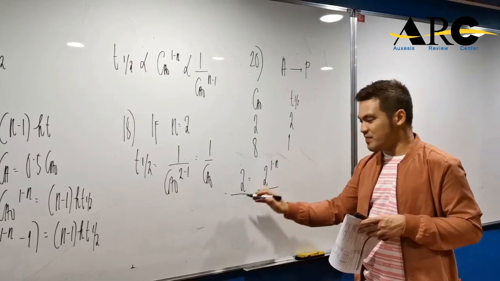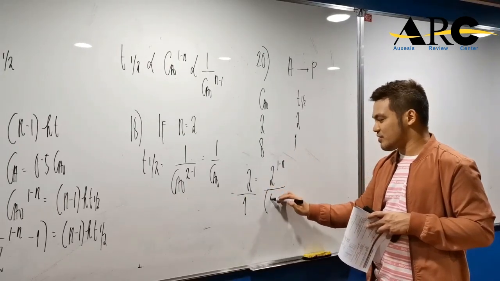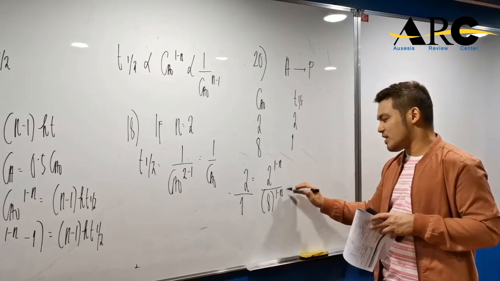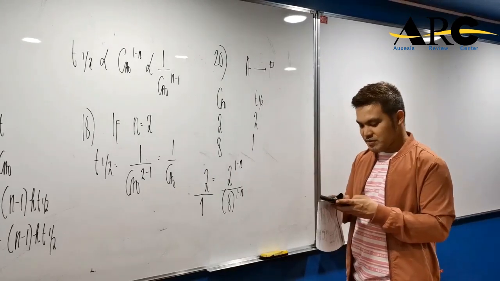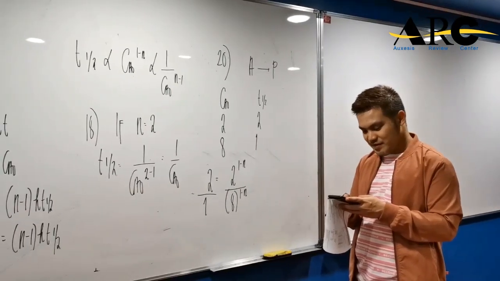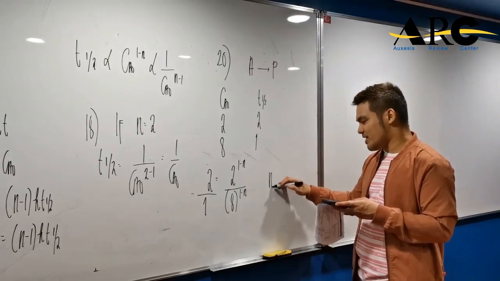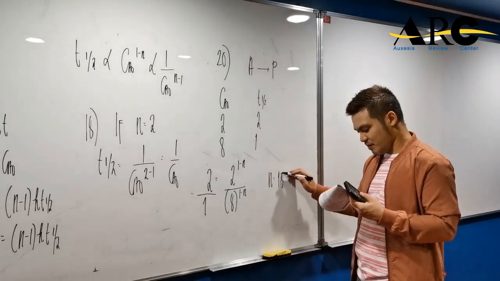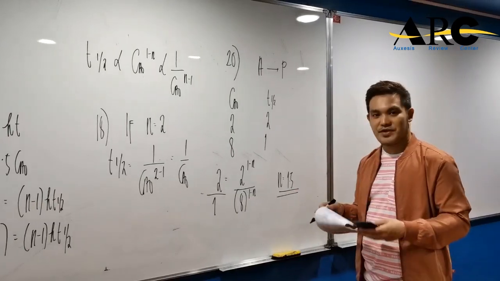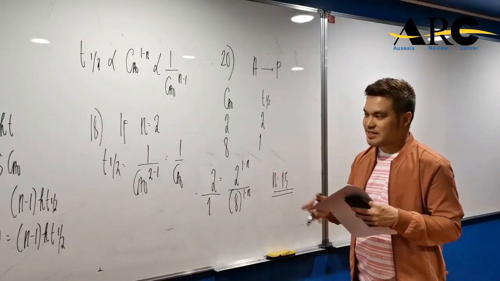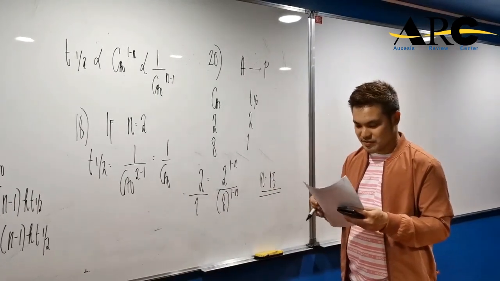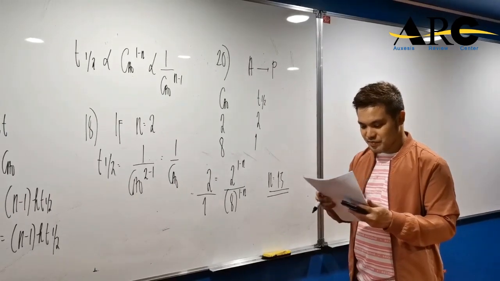If half-life is 1, we have initial concentration of 8 raised to 1 minus n. Let's get the value of n. Just shift solve, and the value of n we get is 1.5, or letter C. Do you understand? That is how we use half-life.